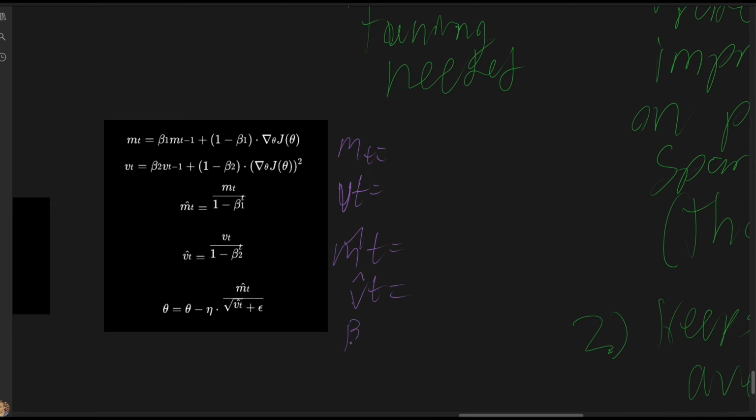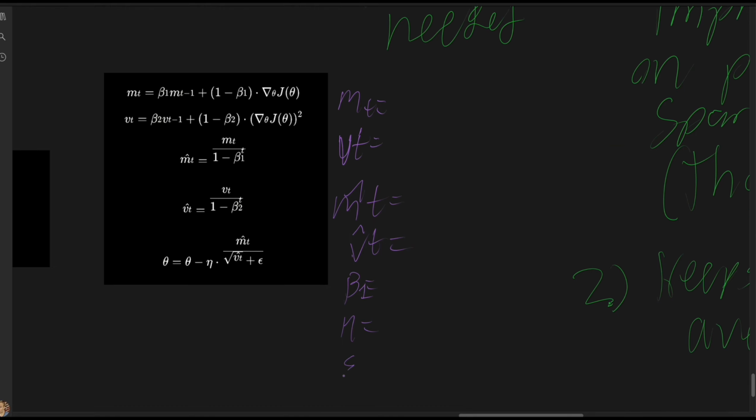We have beta 1, beta 2, and then epsilon as well.